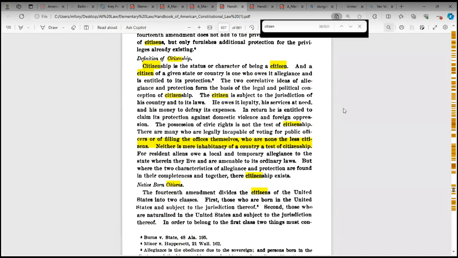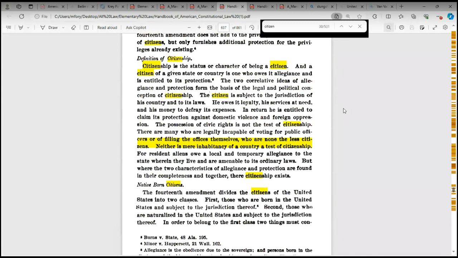It owes its loyalty, his services at need, and his money to defray its expenses. That's just taxes to pay off the debts of the federal government. In return, he is entitled to claim its protection against domestic violence and foreign oppression.